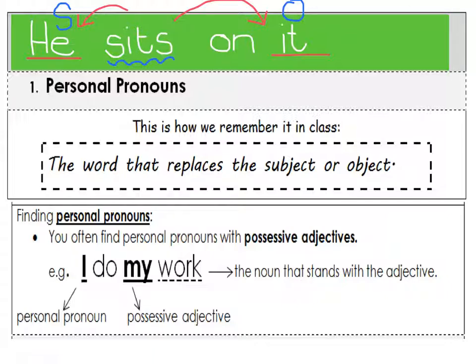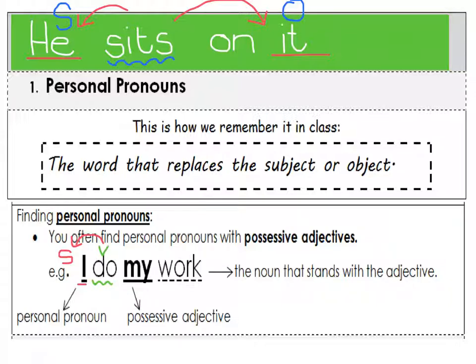Let's have a look and find the verb. Do, in this case, is the verb. Then we need to find the subject, who is the person or the thing doing the action, and that is I. I should be a noun, but it's replaced by a personal pronoun.